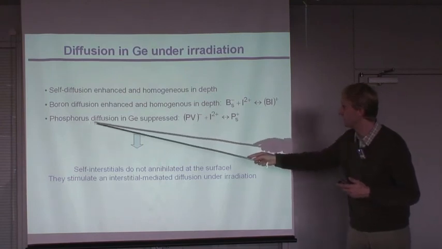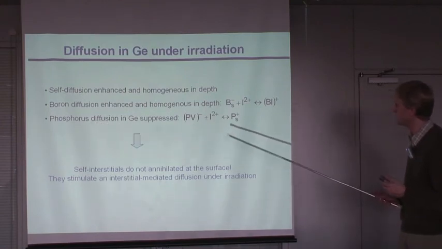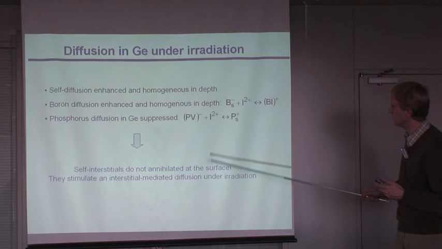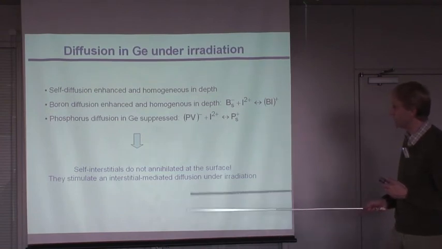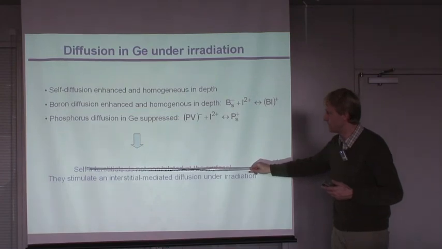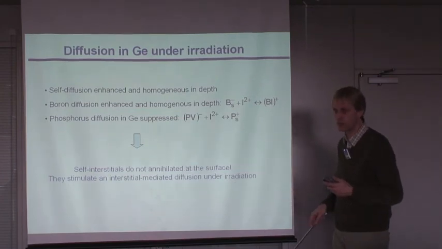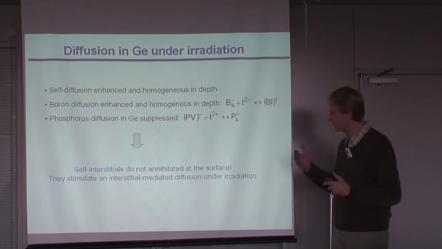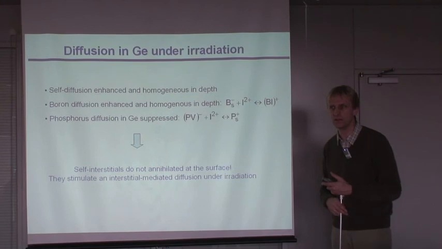And finally, that the phosphorus diffusion in germanium is suppressed. It gives a hint to this expression. And of course, very important, which you keep in mind, that the self-interstitials, for some reason, don't like the germanium surface. So they avoid the surface. That's also a very fundamental thing, maybe for theoretical calculations.